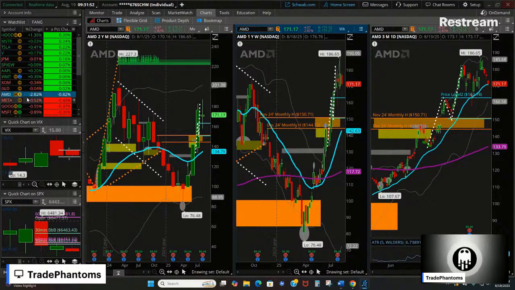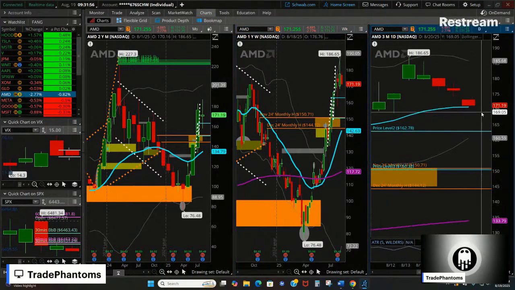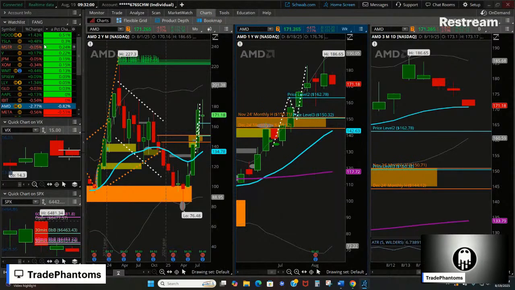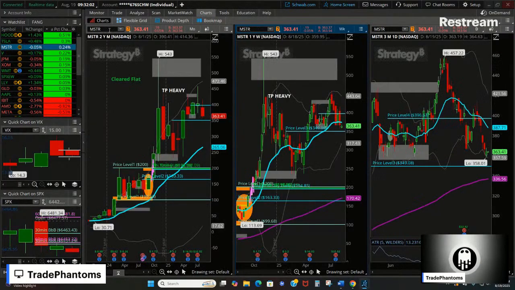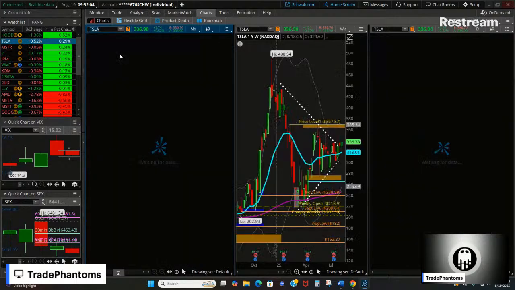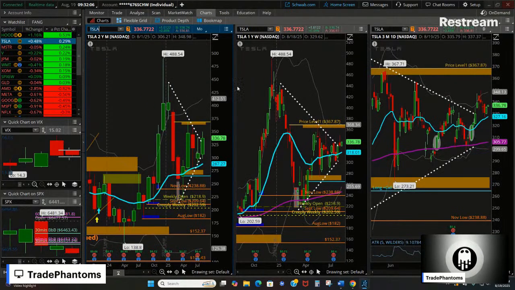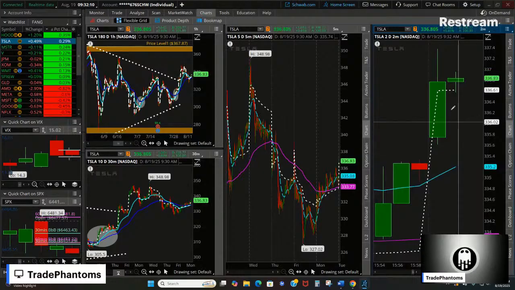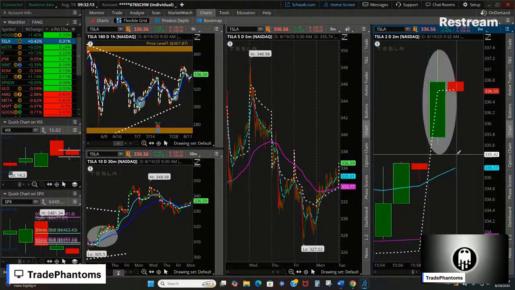NVIDIA, Meta not having a good open. AMD coming into the 20 EMA on the daily, close to some weekly lows. Tesla's bucking the trend a little bit here off open. I want to be a little patient with that.